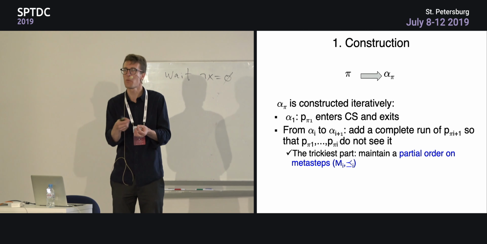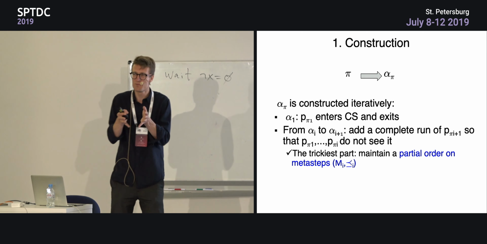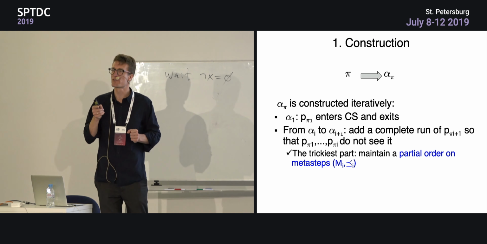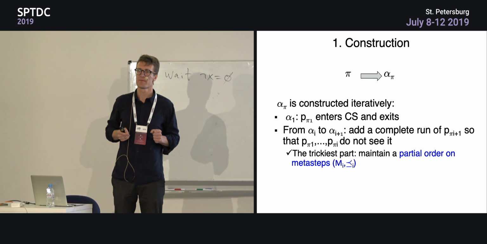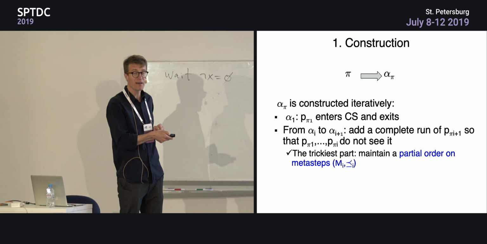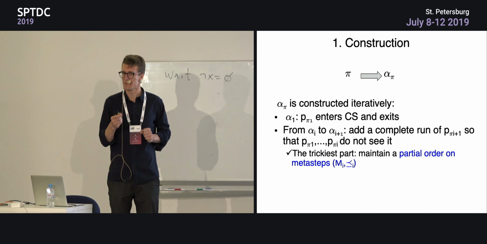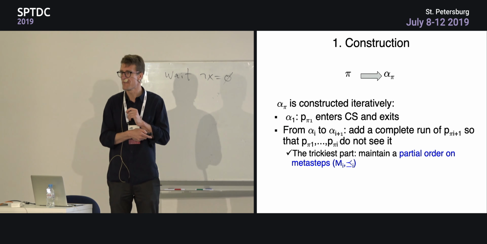The intuition is that if nobody writes concurrently, there's no contention. So I want this process to be there as much as possible, as long as it doesn't perturb the order of critical section accesses. So in alpha i, processes p pi 1 to p pi i executed their critical sections and finished them. They're already in this particular order respecting pi.